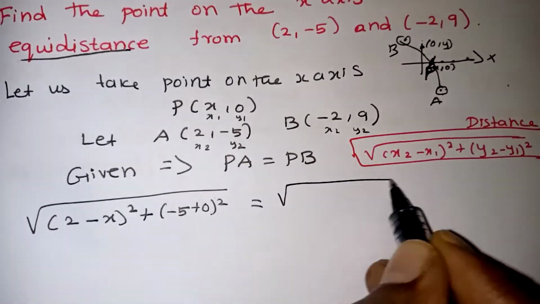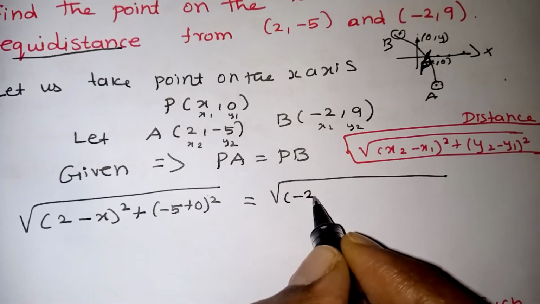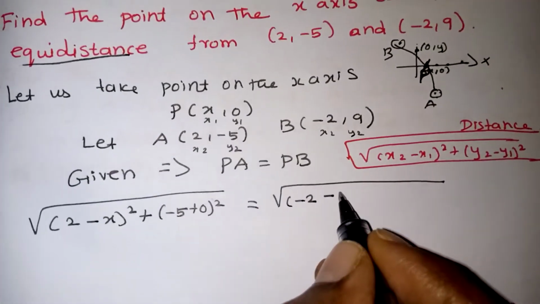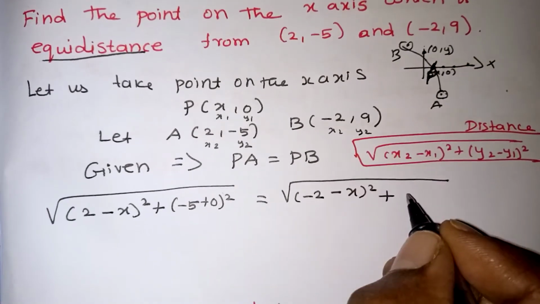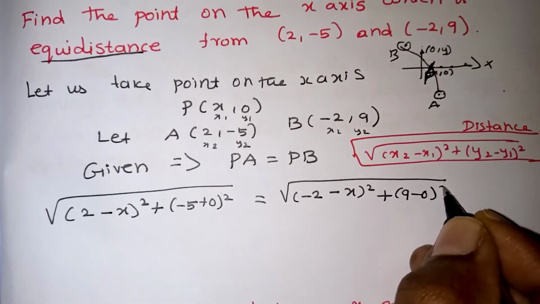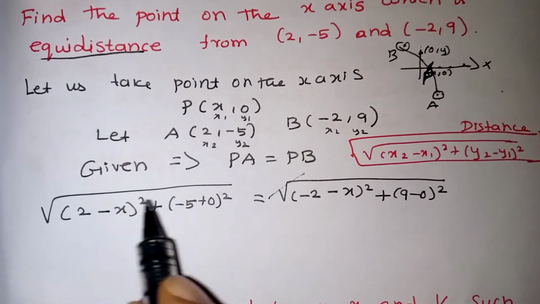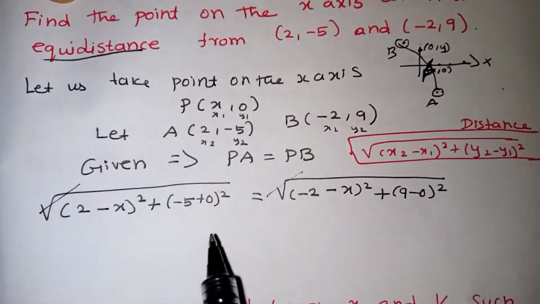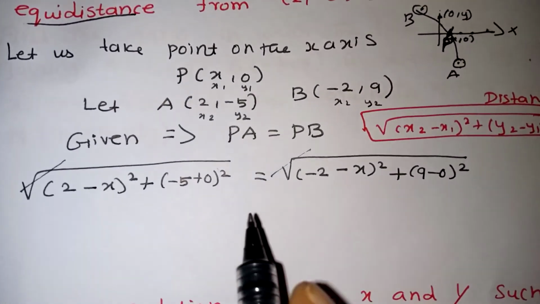Let's apply the same way: root of (x2 minus x1), so (-2 minus x) the whole squared plus (y2 minus y1), y2 is 9, (9 minus 0) the whole squared. So both sides have square roots. We can cancel the square root, or we can write the square on both sides. Anyway, the square root will get cancelled. Now we have to do the simplification.